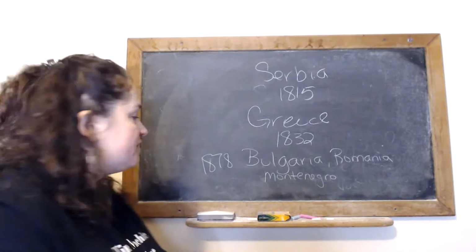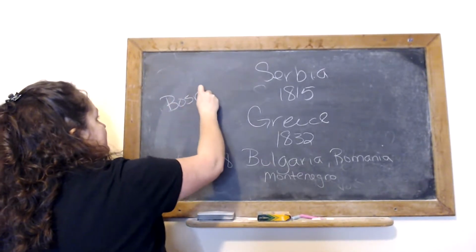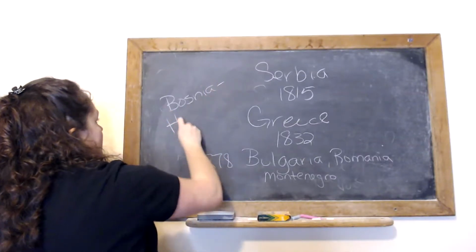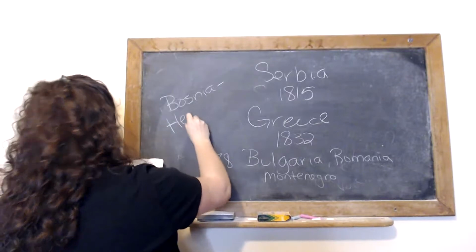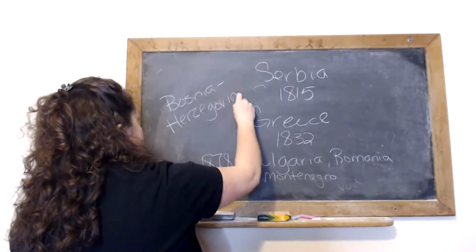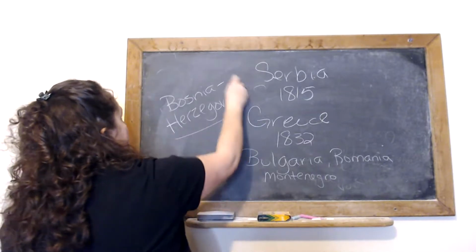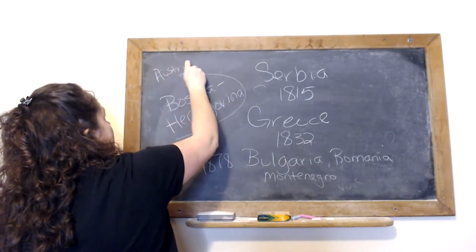Bosnia-Herzegovina is put under the control of Austria-Hungary. Bosnia, I want to make sure and spell Herzegovina right, because it's quite the word. They are going to go under the control of Austria-Hungary.